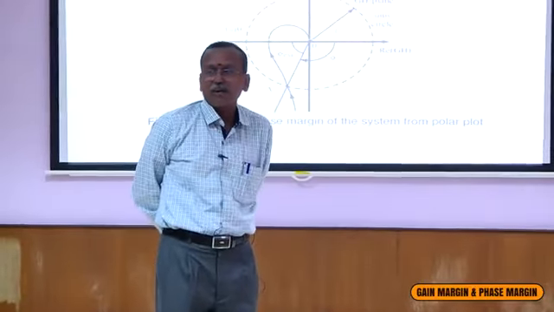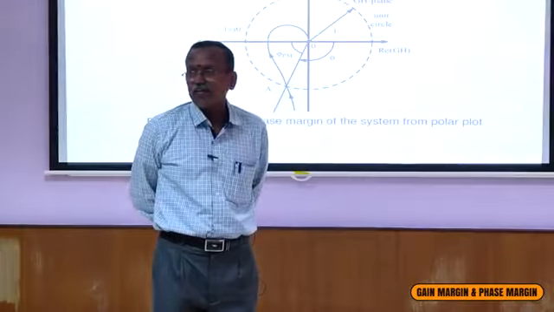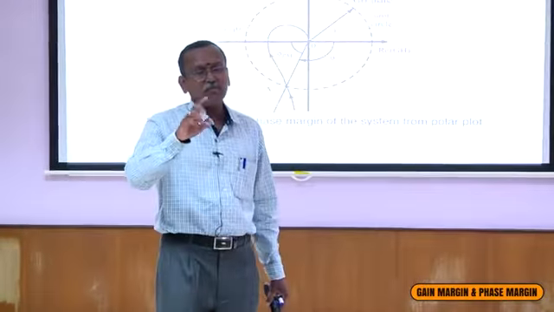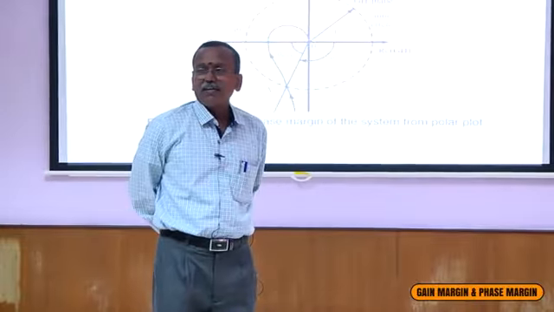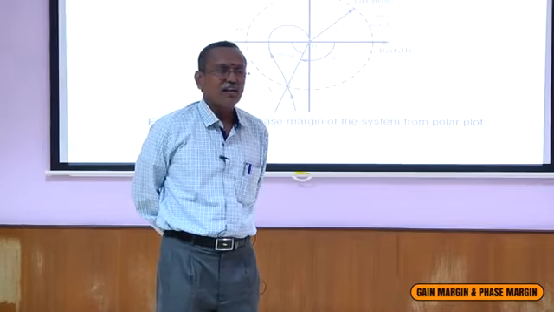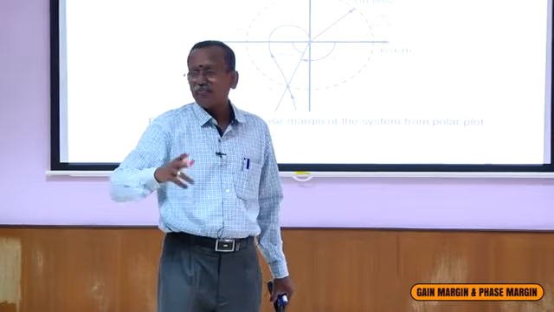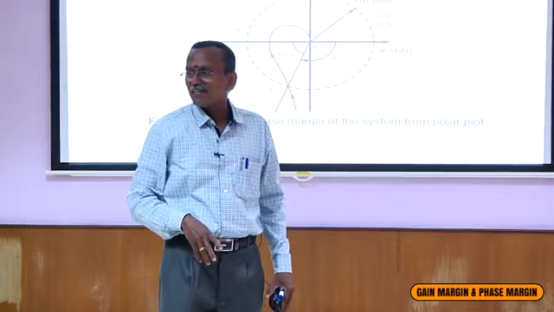Normally they will put a gain margin of 0.5, or rather a gain margin of 2. The factor of safety will be 2, which is 20 log 2 in decibels. In linear scale, it is twice. If you increase the gain by 2 times, then only it becomes unstable.